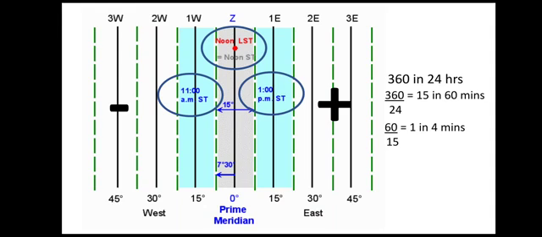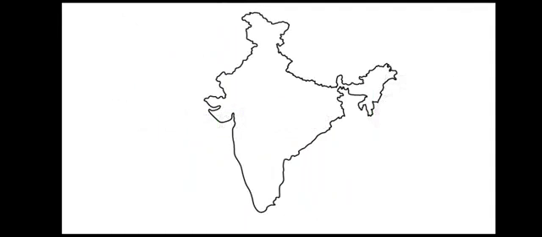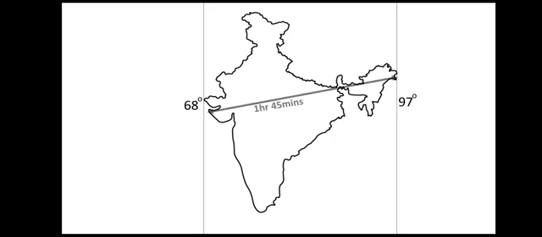Need of standard time. India is a vast country. Its longitude ranges from 68 degrees in Gujarat to 97 degrees in Arunachal. There is a difference of about 1 hour and 45 minutes in the local time of Dwarka in Gujarat and Dibrugarh in Assam.